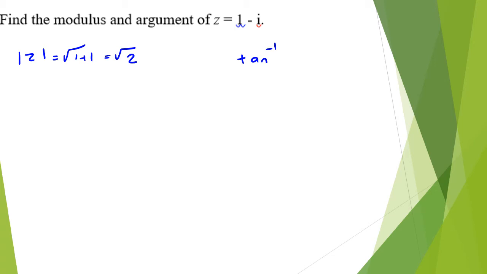Imaginary is negative 1 and the real is 1, which gives me negative pi over 4. So z is root 2 cis of that angle. It's quite simple.